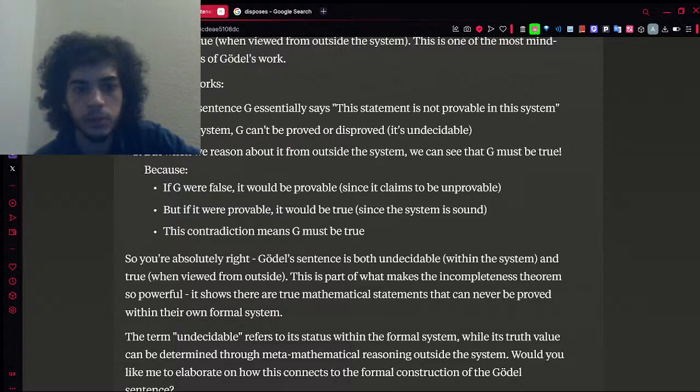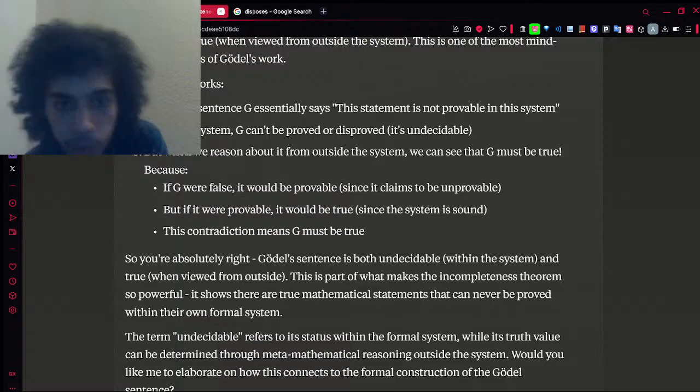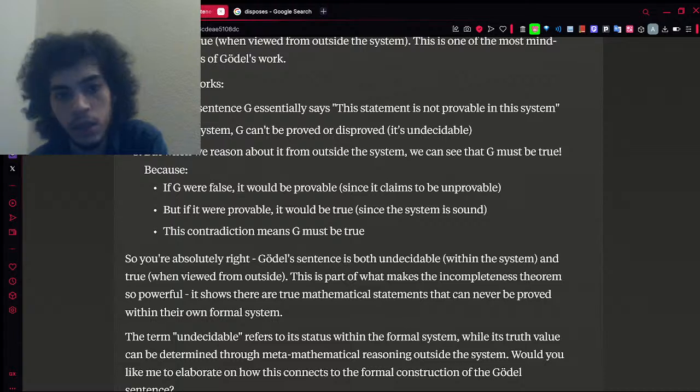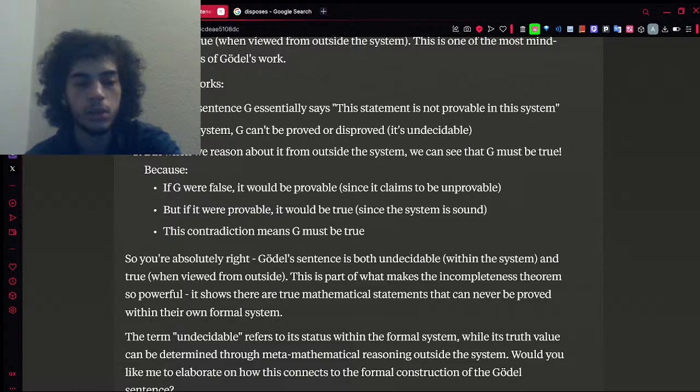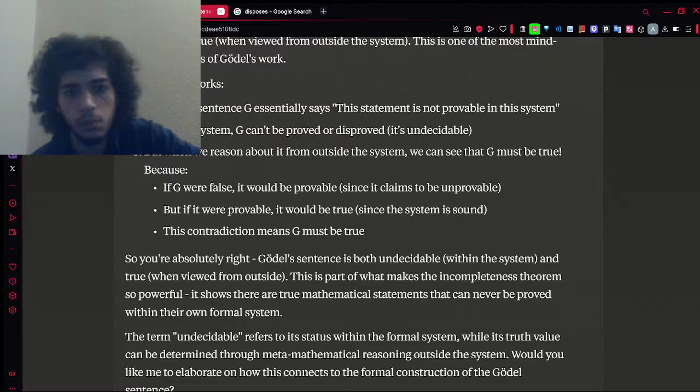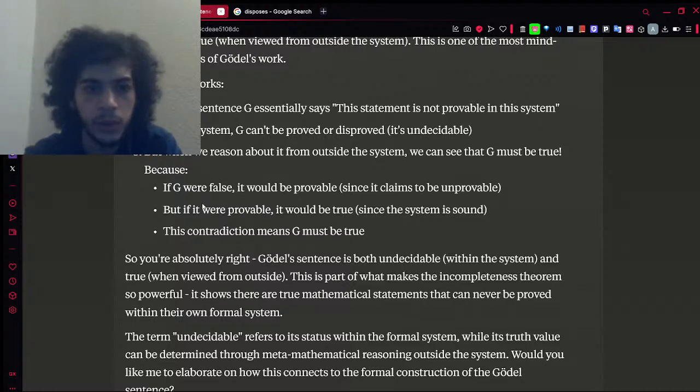If G were false, it would be provable, but it's unprovable. And if it were provable, it would be false. Since the system is sound, these contradictions mean G must be true, because it cannot be false and true at the same time.